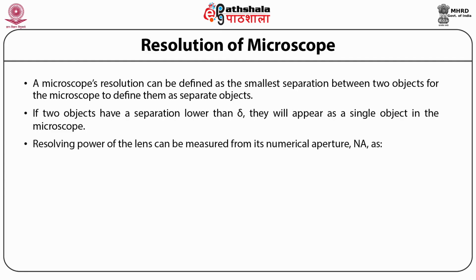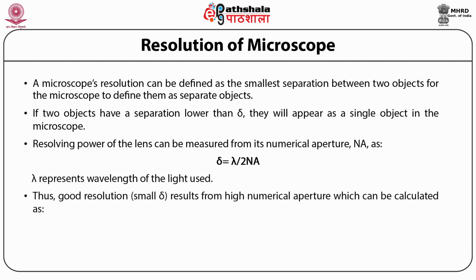The resolving power of the lens can be measured from its numerical aperture NA as delta equals lambda divided by 2 times the numerical aperture. Here lambda represents the wavelength of the light which is used.